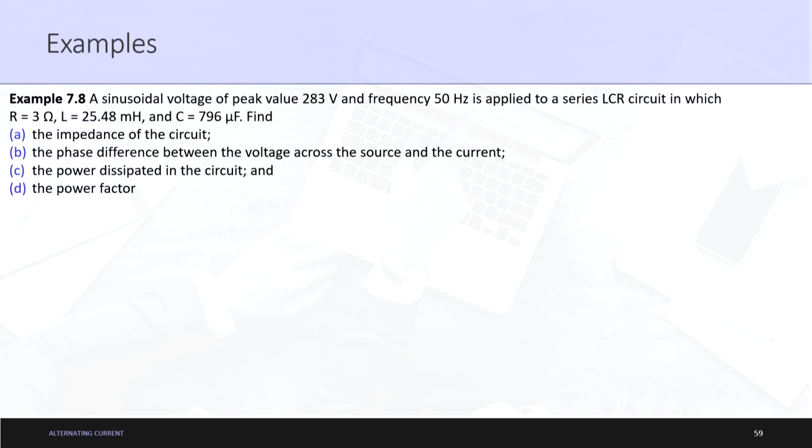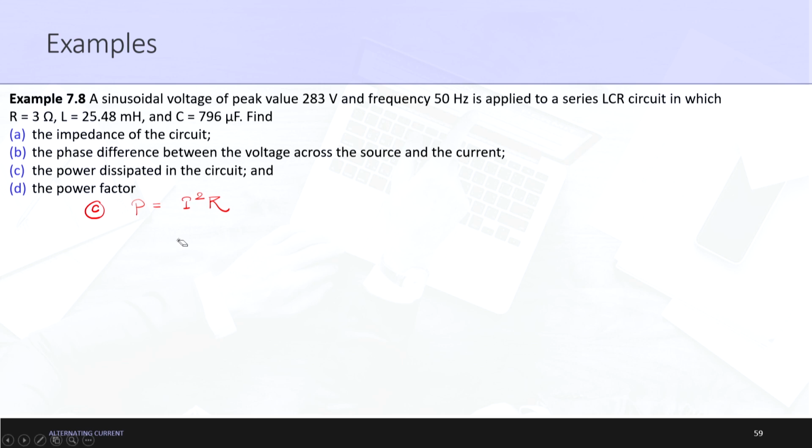The next question asks what is the power dissipated in the circuit. We have just derived the formula for power. Power is equal to I square R. So, the power dissipated in the circuit is I square R. How to calculate this value?